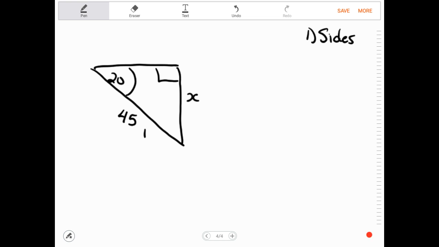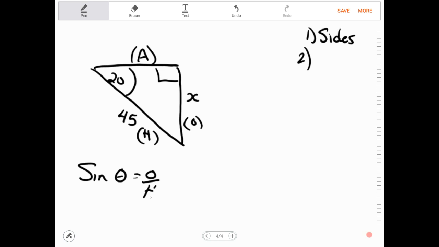That will be hypotenuse, this will be your opposite, and this by default will be your adjacent. Then we're going to use our formula. That's going to be sine, opposite over hypotenuse. That's going to look like sine 20, 20 is our reference angle, x over 45. Those are my values for opposite and hypotenuse.